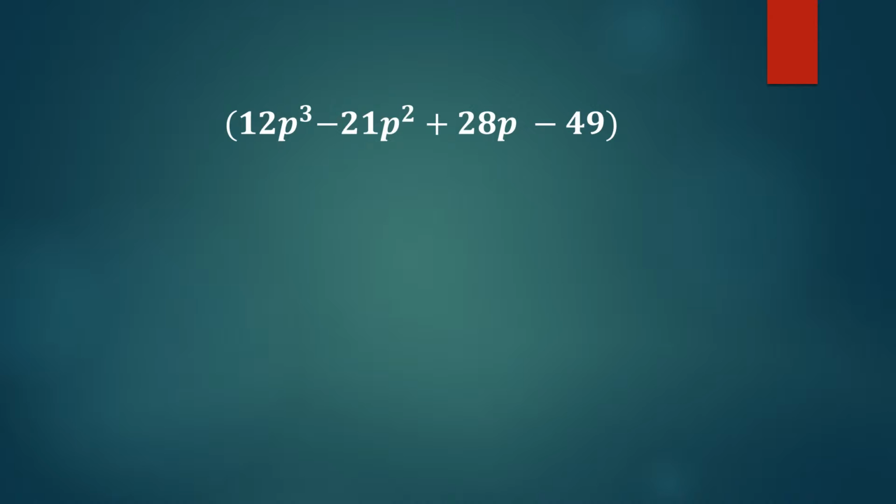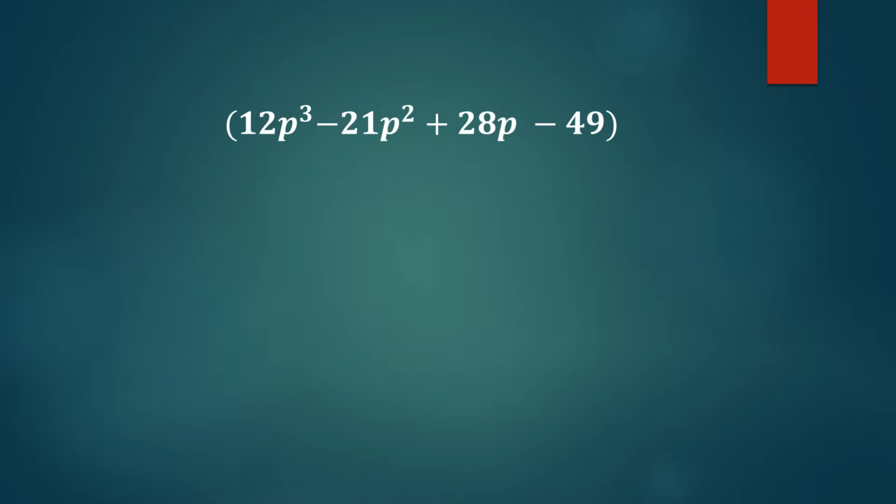Greatest common factor between 12 and 21 is 3. You can divide 12 evenly by 3 and 21 evenly by 3. And you can also factor out of p cubed, you can factor out a p squared. In other words, you can divide this whole first term, 12p cubed.